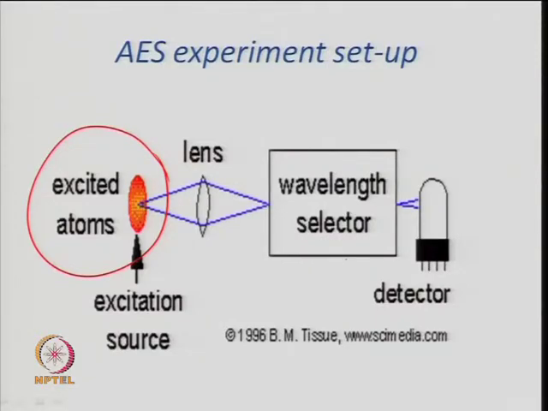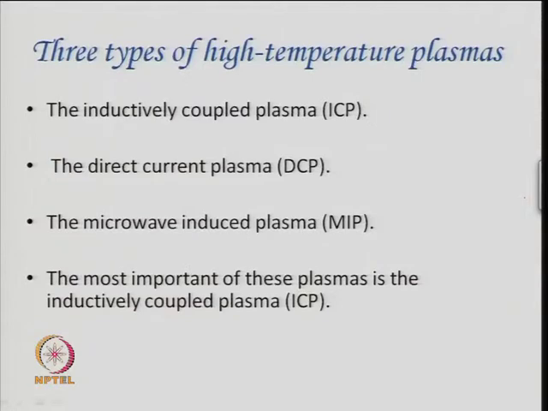You have to select the wavelength for absorption of that particular metal, because a particular metal will emit light at a particular wavelength, which can be absorbed. Then you pass through a detector and you get the concentration, because absorbance versus concentration can be calibrated, and for any unknown sample, once you know its absorbance, you can correlate it with the concentration. Databases are available nowadays.